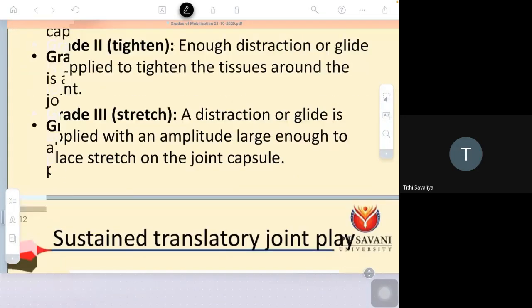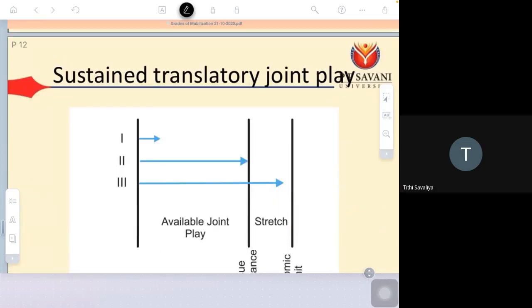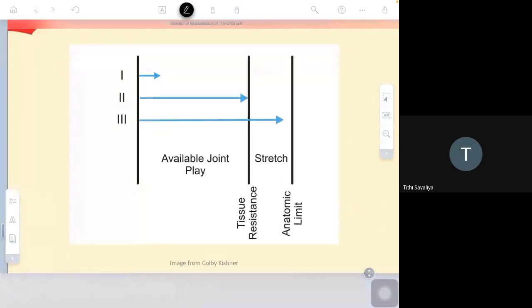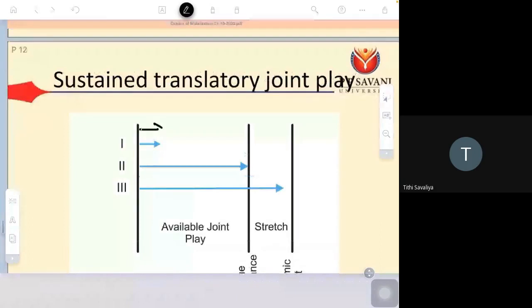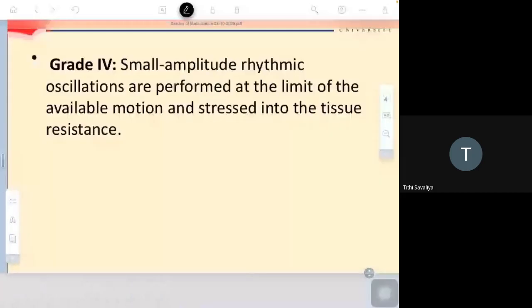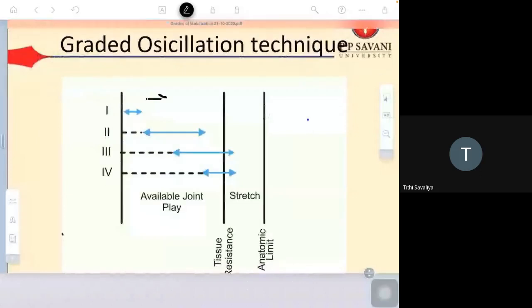What is grade one? If you see the diagram, you can notice that the arrow is in only a single direction. In sustained translatory joint play technique, it is unidirectional. But in graded oscillatory technique, it is bidirectional, both directions.